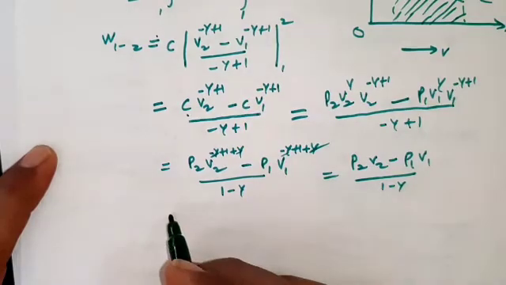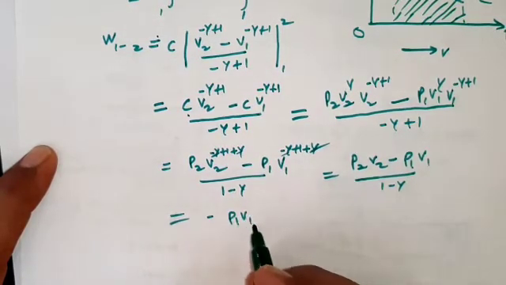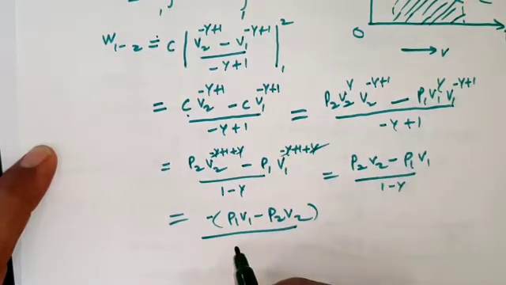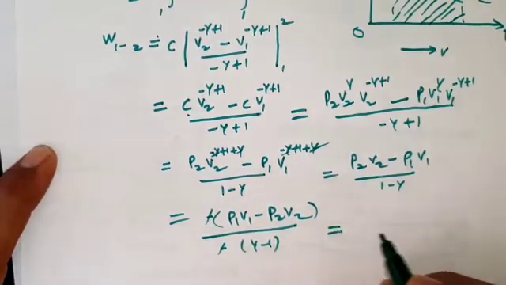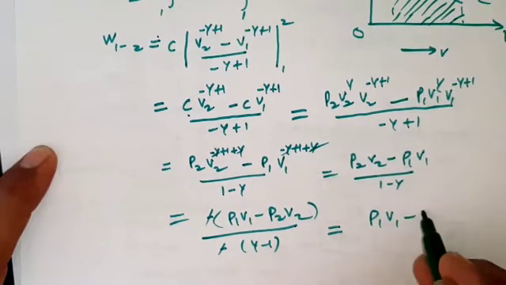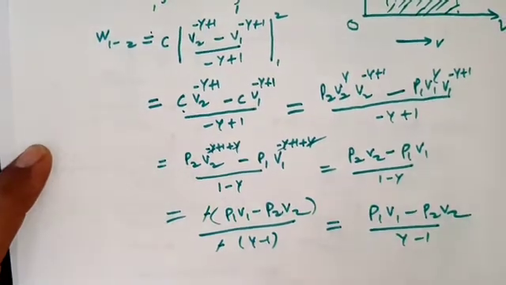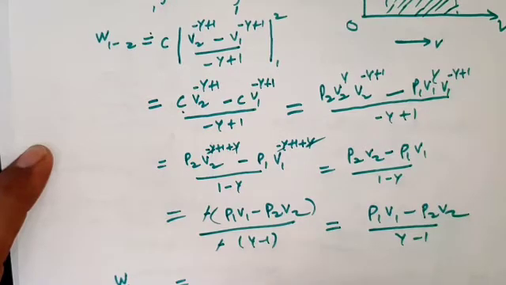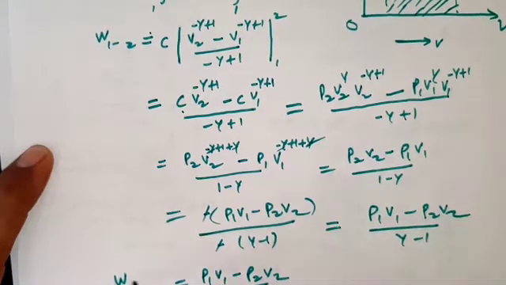Also we can say this term can be written as minus P1 V1 minus P2 V2 upon minus gamma minus 1. So minus to minus cancel. This is equal to P1 V1 minus P2 V2 upon gamma minus 1. So simply we can say work done 1 to 2 during adiabatic process is equal to P1 V1 minus P2 V2 upon gamma minus 1.